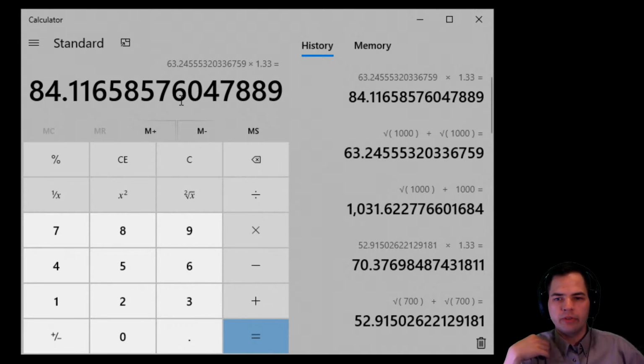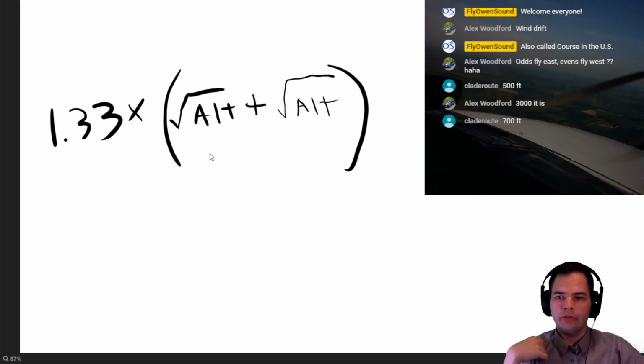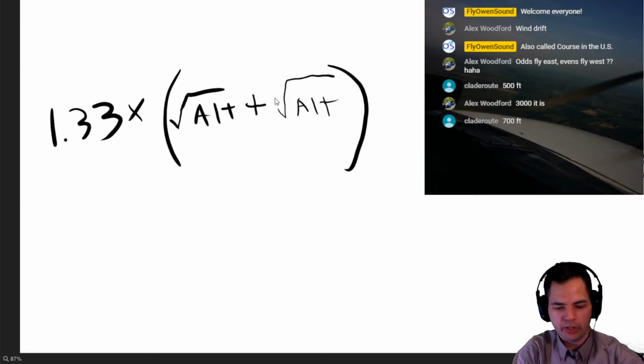So let's think about this formula again. It doesn't have to be the same altitude. So far I've done the same altitude for the first and second number, but it will also work with different altitudes. Let's say we're in the circuit at 1,000 feet, and someone in Tillsonburg is joining the circuit at more like 2,000 feet.